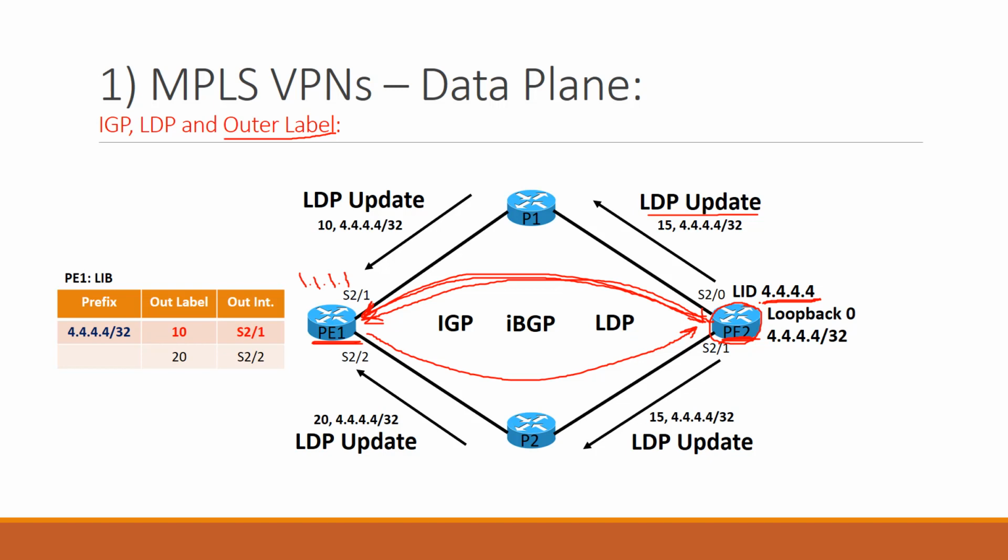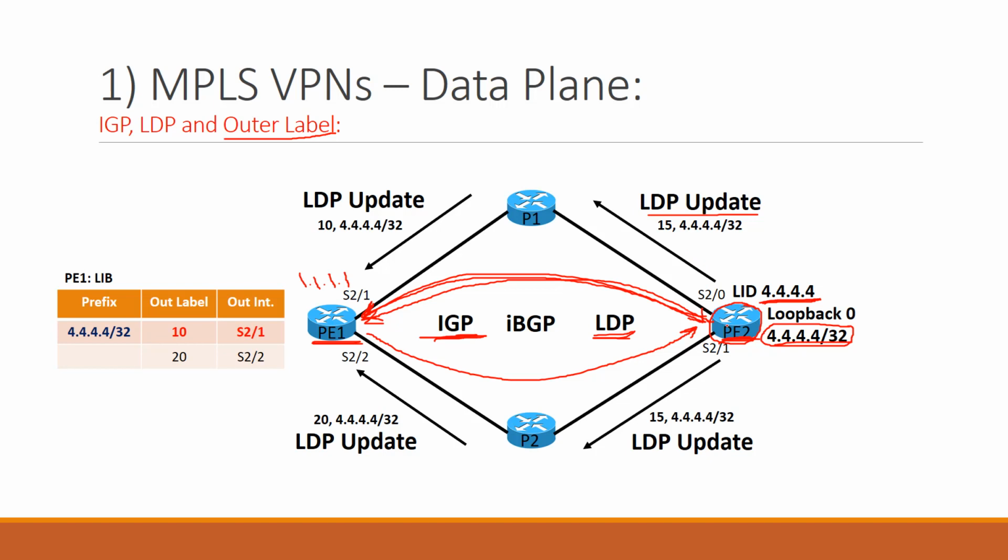But because we are advertising subnet 4.4.4.4/32 using IGP, now the normal LDP will assign this prefix a label, and this label will be the outer label for the packet.